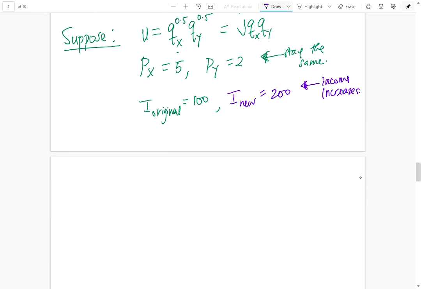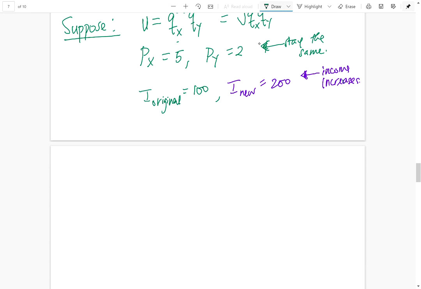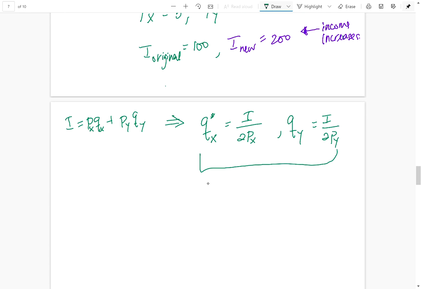From our previous videos, we saw that with this utility function, and for any given income I equal to the budget constraint, where income is equal to the price of good X times Q of good X plus price of good Y times Q of good Y, our optimal demand function for good X, which I'm going to call star, was income divided by 2P of X, and for good Y was income divided by 2P of Y. Go back to the video on demand equation derivation.